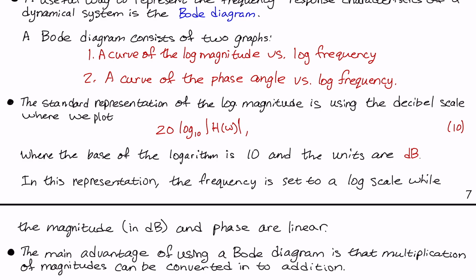And again, we're using base 10 here, and the units are dB or decibels. In this representation, the frequency is set to a log scale, while the magnitude and the phase are both linear. The magnitude is linear, but on the decibel scale, which we're going to talk a bit about. And the phase is just linear in degrees, or radians if you want.